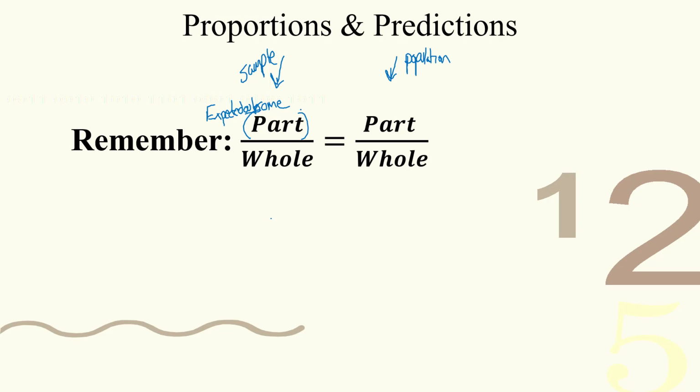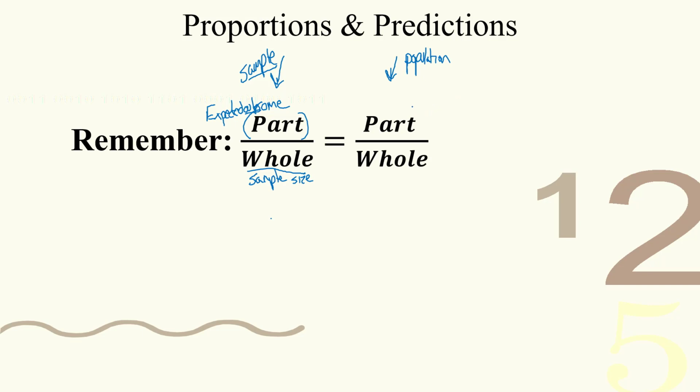So the part is going to be the expected outcome. That's what we're looking for. The whole is going to be the entirety of the sample. So we could say whole sample size.